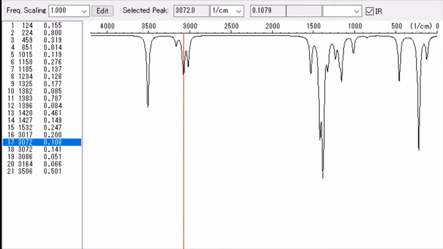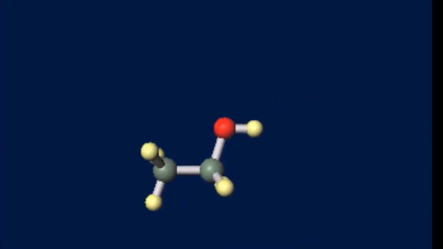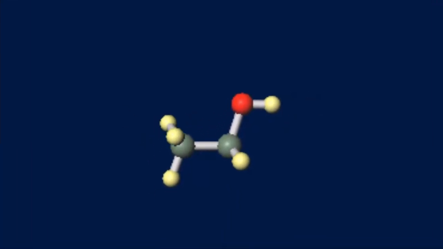For that we have to make many more optimizations to bring it to the experimental conditions, right? That is not our aim here. Our aim is to visualize the stretching. This is another CH stretching that you can visualize here. This is the asymmetric CH stretching of ethanol.